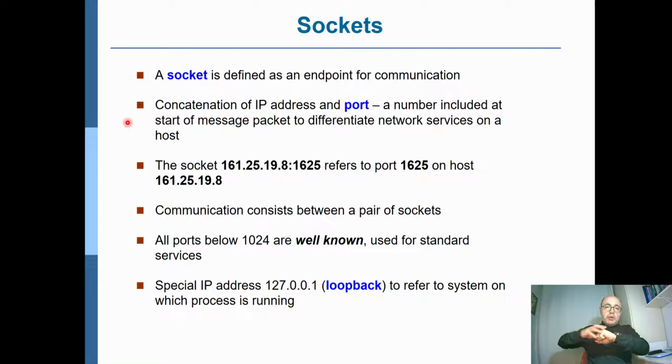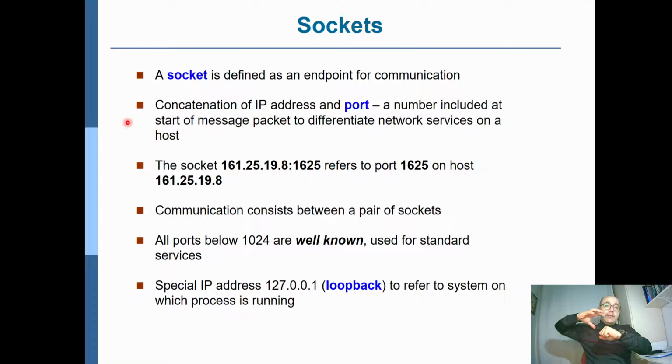So the port is actually a holding place for the process, and every process that wants to communicate creates a socket and attaches this socket to this port, so that the other machine specifies both the IP address of this machine and also to which port this packet should be delivered.